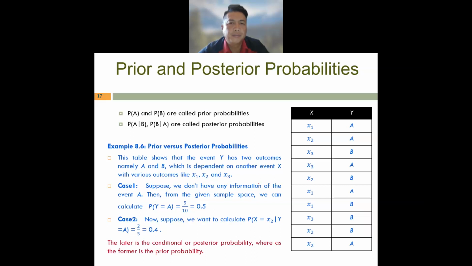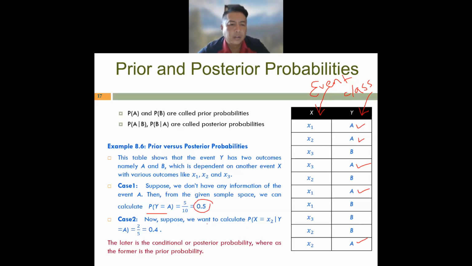Before we look at the actual example, let's take a look at prior and posterior probability. Suppose this is your event, and this is your class. The probability of having y equal to a is 5 out of 10, so we have 0.5.